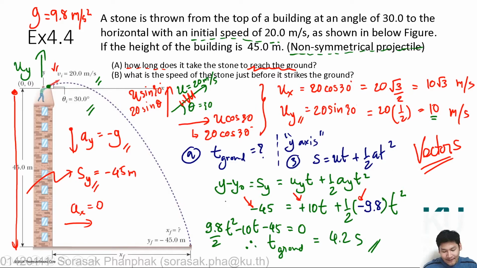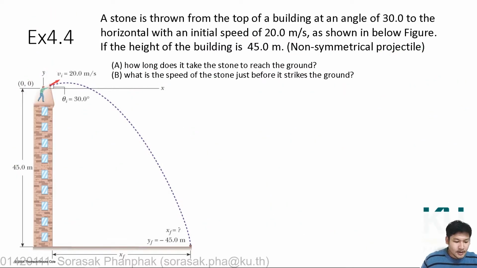With t square, you have two values, but the value that you use is supposed to be the plus value. In order to determine the speed of this stone before striking the ground, you can use the relation of the displacement and also the relations of things moving along the y direction, because you would like to determine the speed, right?